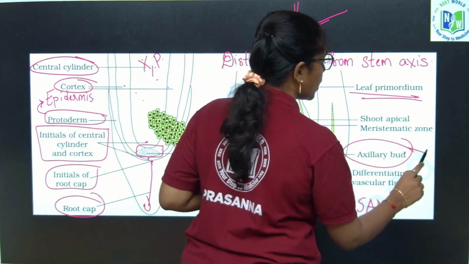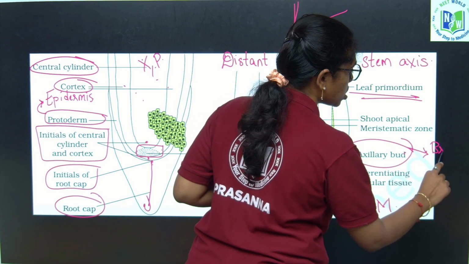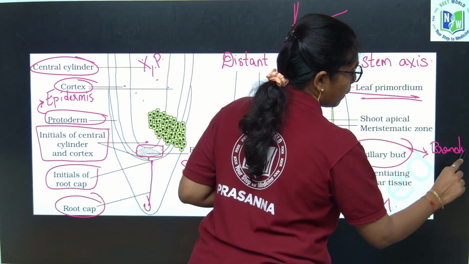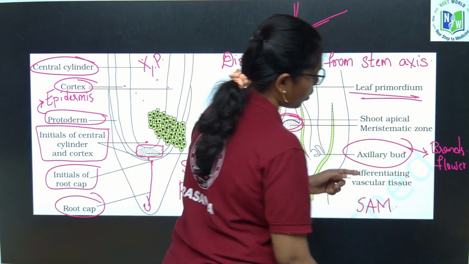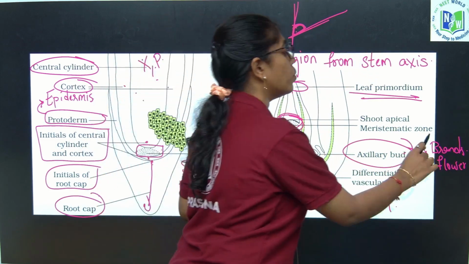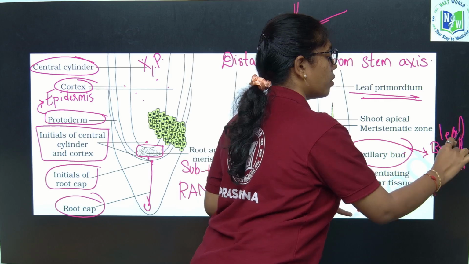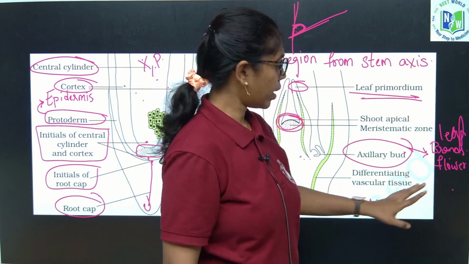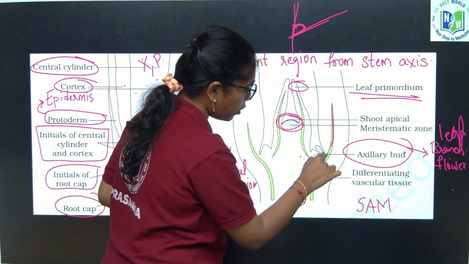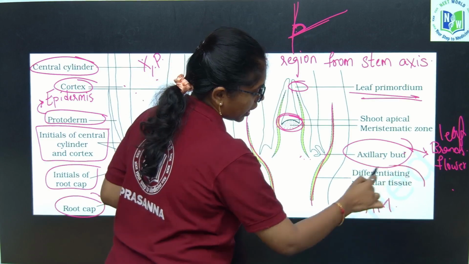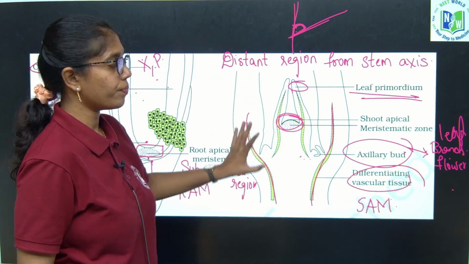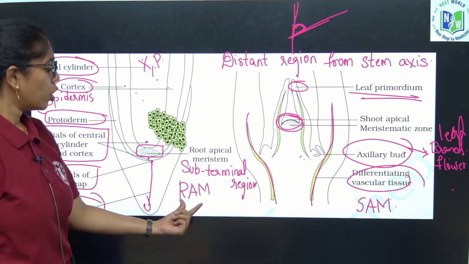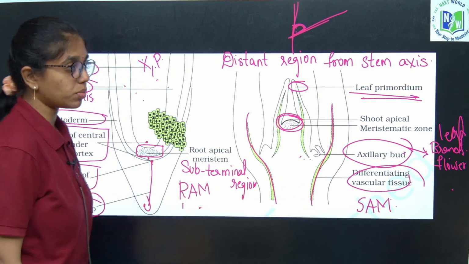This axillary bud may develop into branches or a flower or a pedicel of a flower. Here you can also find the differentiating vascular tissue. I hope both the diagrams of root apical and shoot apical meristems are clear.